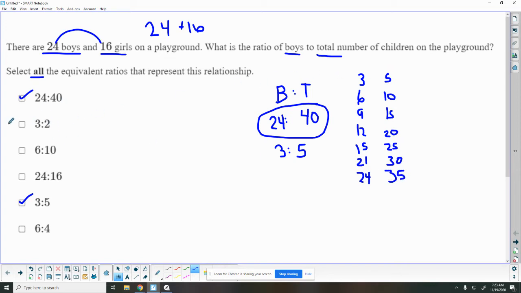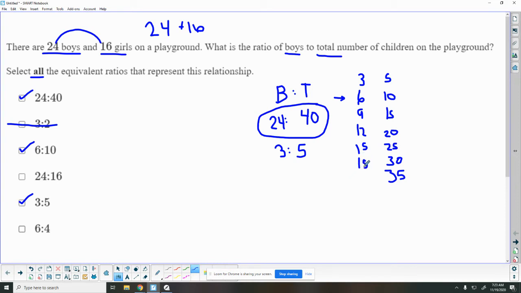So 3 and 2 is not on my list. Oh, here's 6 and 10. How did I miss something here? Oh, I skipped 18. Guys, I did that the other day. Oh my goodness, I promise I know how to count.